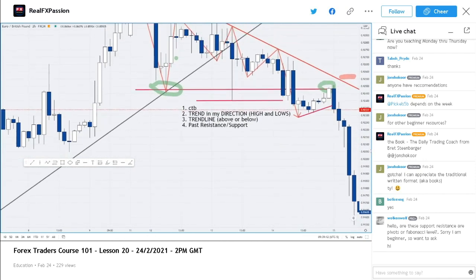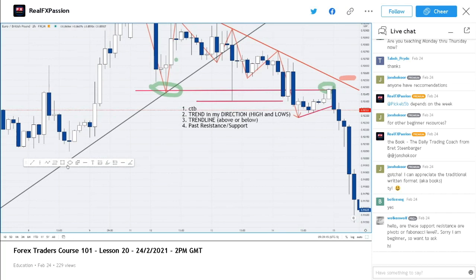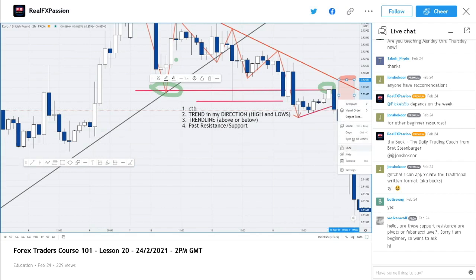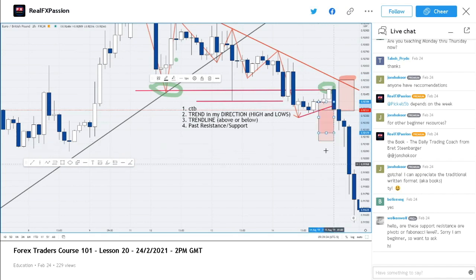The risk reward was well over 1 versus 2, right? So this would be 1. Now this is my entry, this was the risk, and clone, 1 versus 2, and clone one more time.